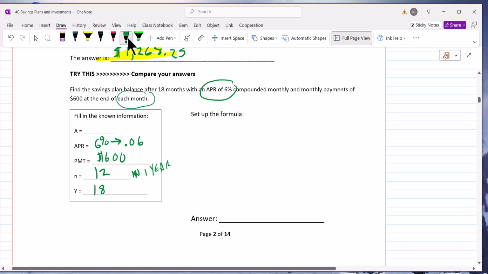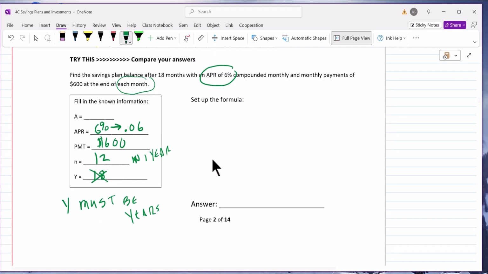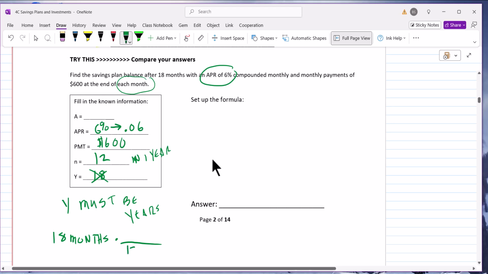That's what that is. Now, here's the thing that you can't mess up on. You don't put 18 there because what I said is Y must be in years, okay? That has to be in years. So it kind of goes like this. You would have to do a simple conversion. So 18 months, we can do a simple conversion. So we know that there are 12 months in 1 year.